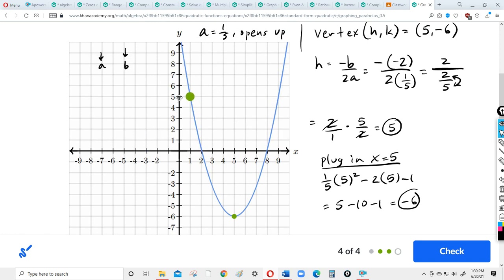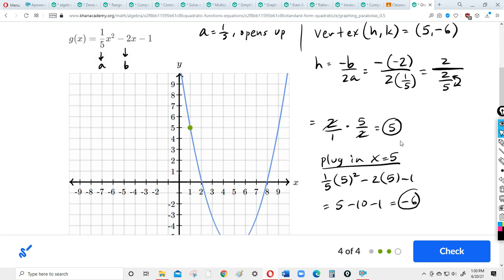Now we want to find the one for x equals 0. All right, so just plug in x equals 0. One fifth times 0 is going to be 0. Negative 2 times 0 is going to be 0.